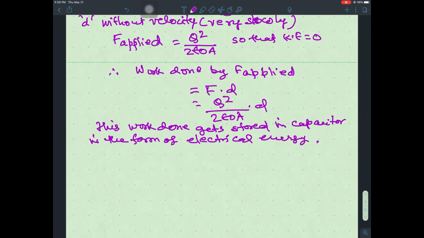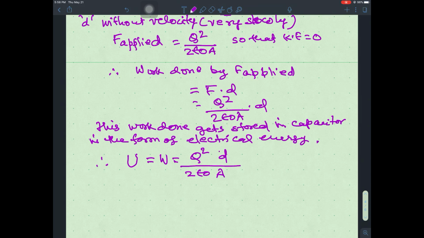Therefore, energy stored, if we represent it by U, then U is equal to W, that is Q square D by 2 epsilon naught A.